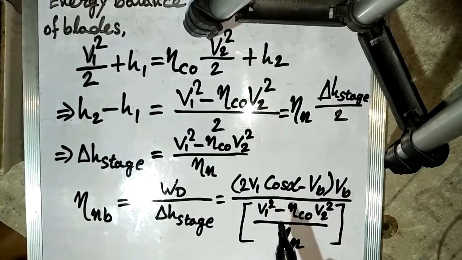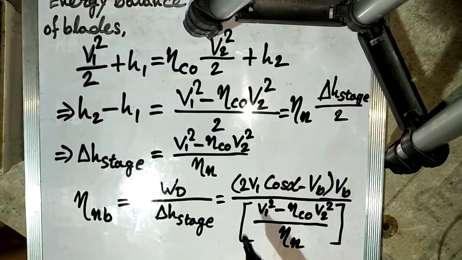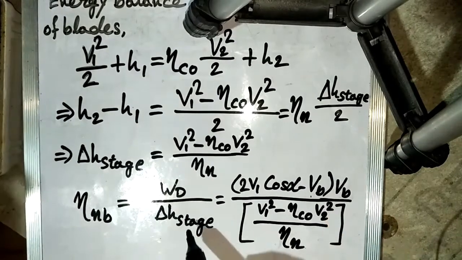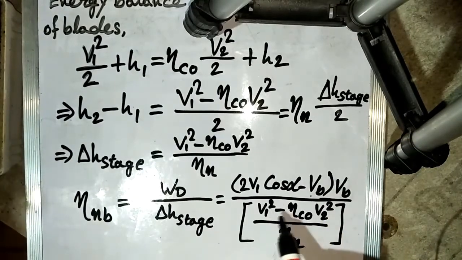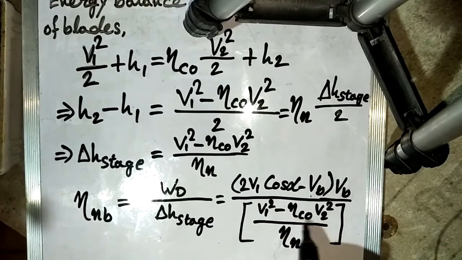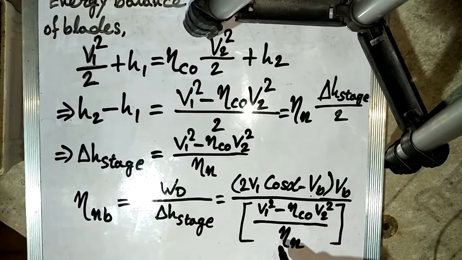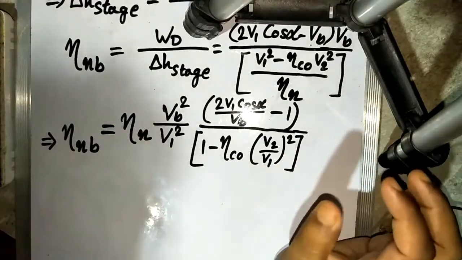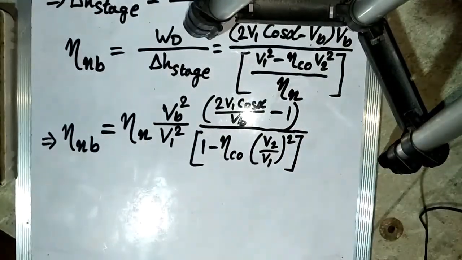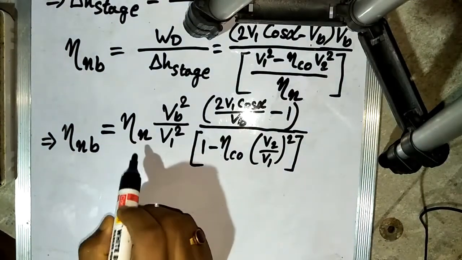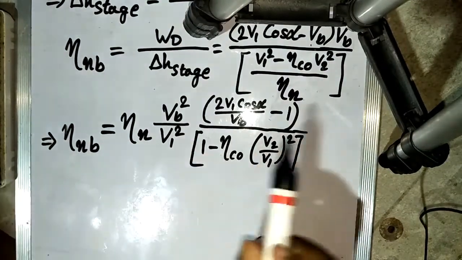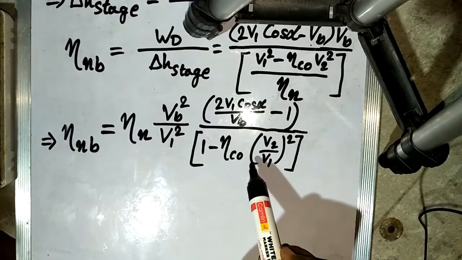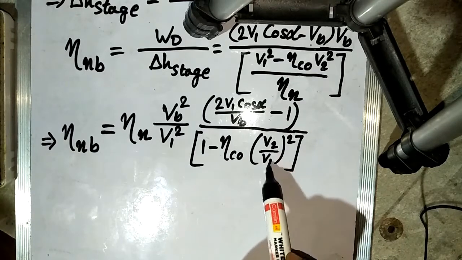We have already derived the expression for WD, that is 2 into V1 cos alpha minus VB into VB by the stage enthalpy drop V1 square minus carryover efficiency into V2 square by eta n. By rearranging, we get eta nb equals eta n into Vb square by V1 into 2 V1 cos alpha by Vb minus 1 by 1 minus carryover efficiency into V2 by V1 whole square.